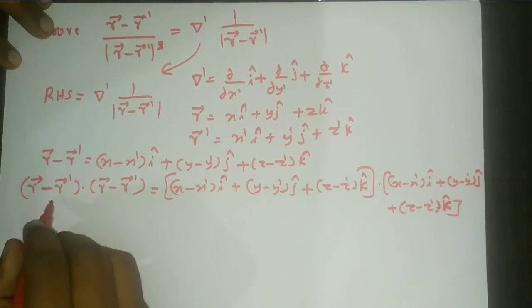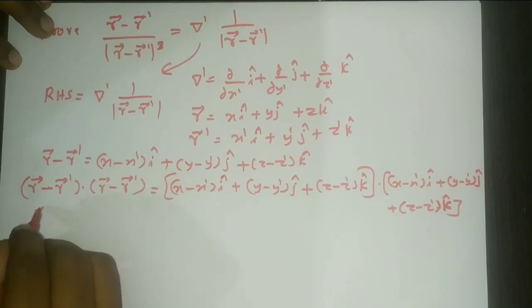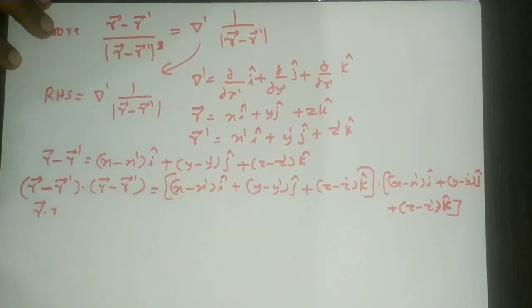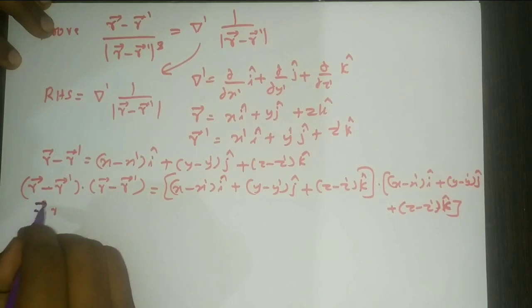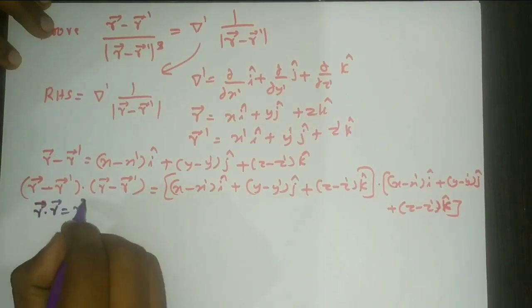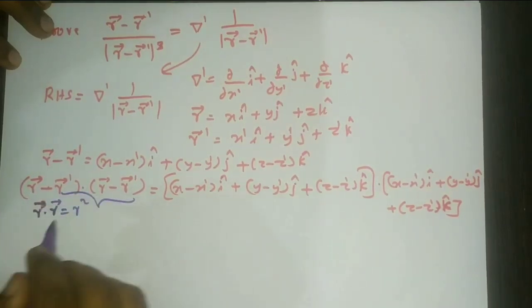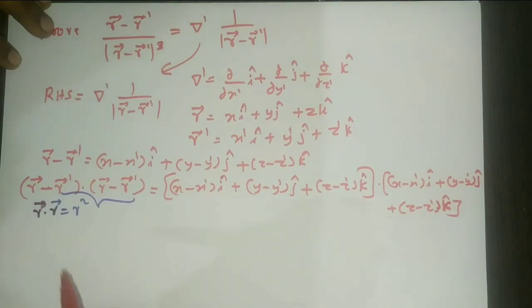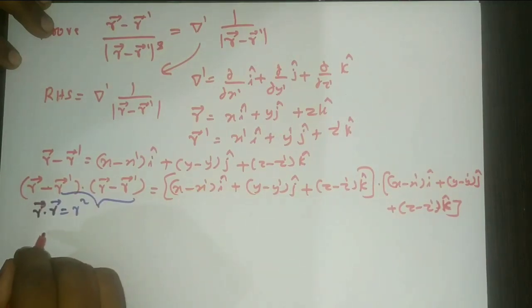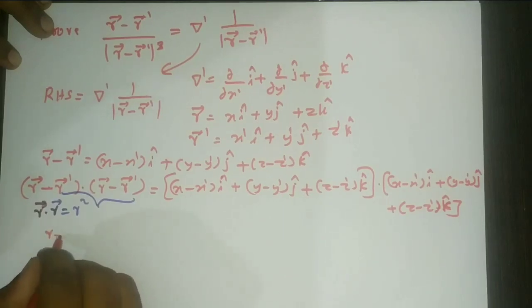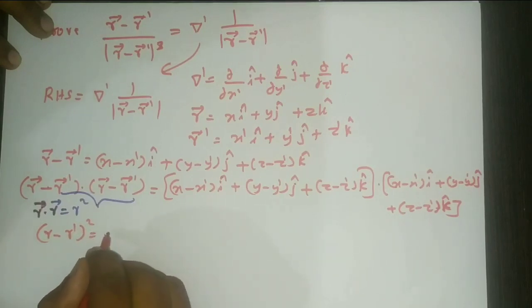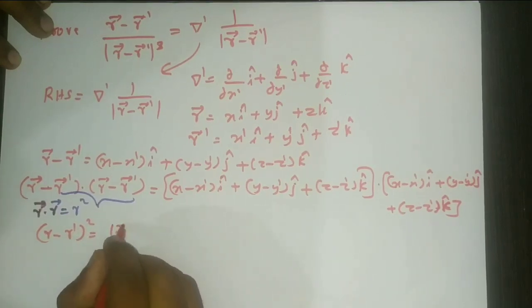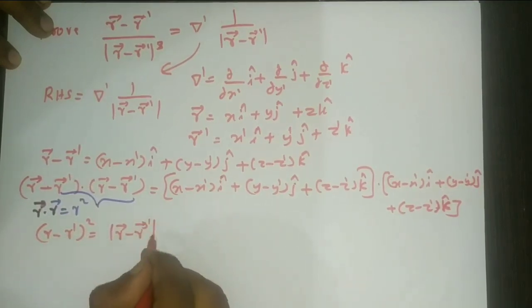Then this quantity is like r dot r, which is nothing but r square. In a similar way, I can write this as modulus of r minus r prime whole square.